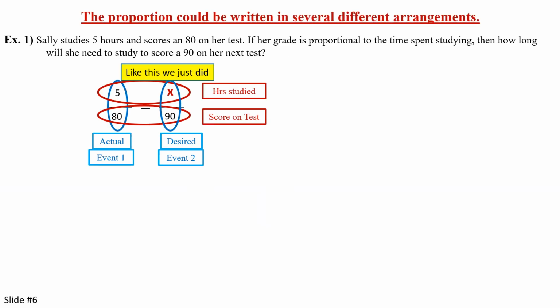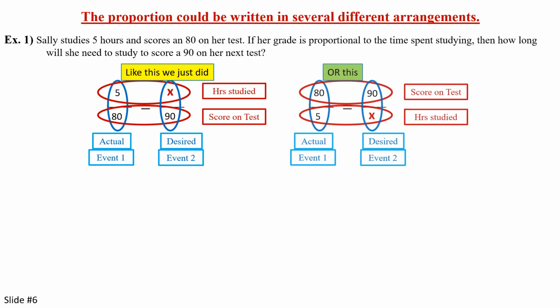Now, this could have been written several different ways. Okay, we just did it like this: 5 over 80 equals X over 90, where event 1 was actual, studied, and test, and event 2 was desired. The numerator were hours, and the denominator was score. But we could have set it up this way. In other words, on that initial fraction, I could have flipped it.